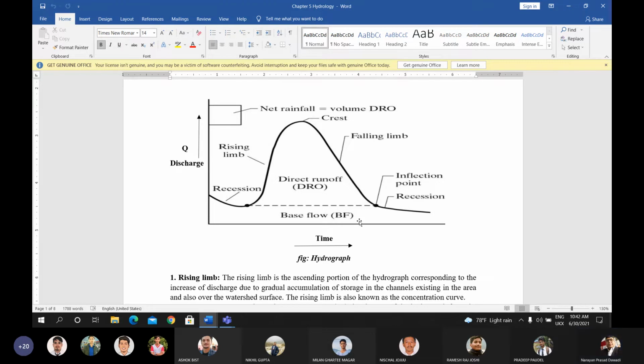The flow from the surface of the land towards the river is very quick in comparison to the base flow, as the subsurface flow takes a lot of time to reach the river.